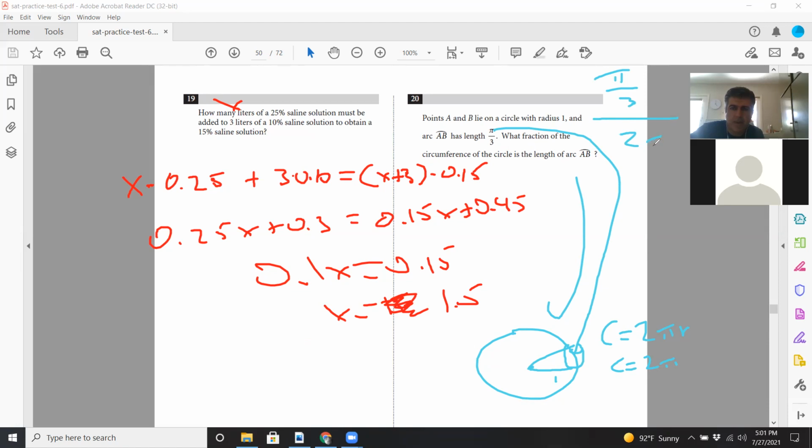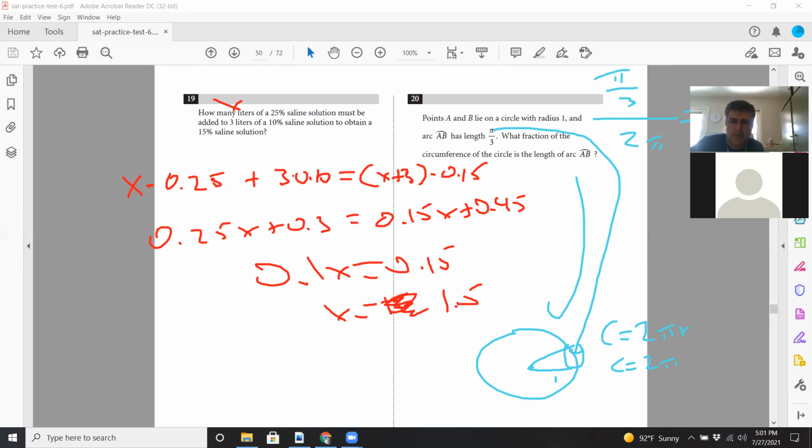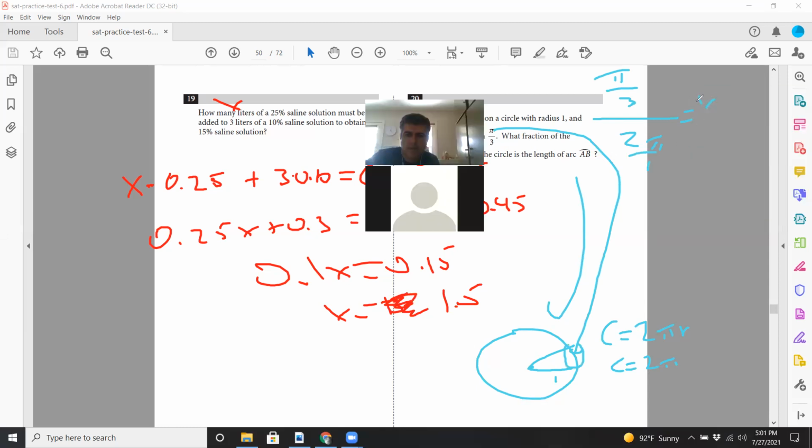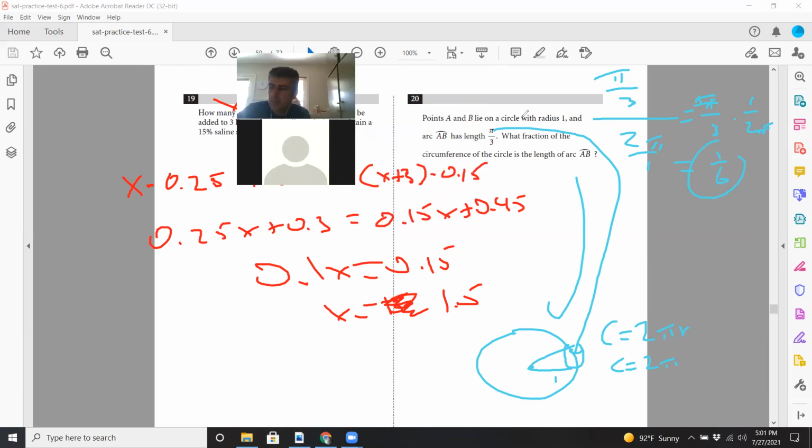If you divide that arc by the circumference, you can think of it as pi over 3 times 1 over 2 pi. The pi's cancel, and you get 1/6. So that's another way you can look at it too.